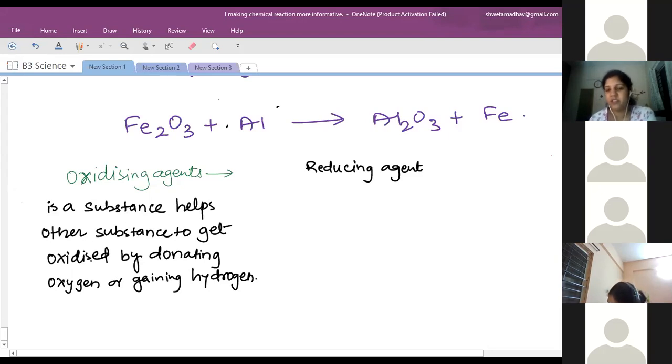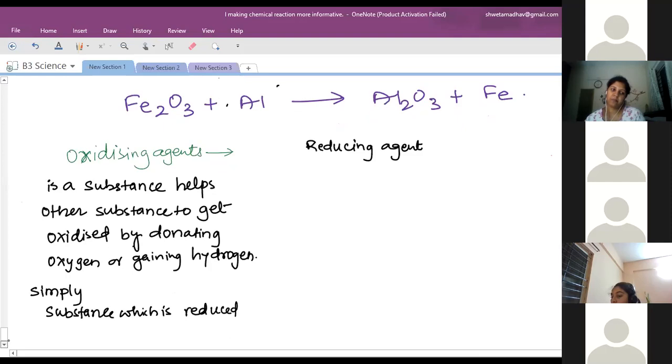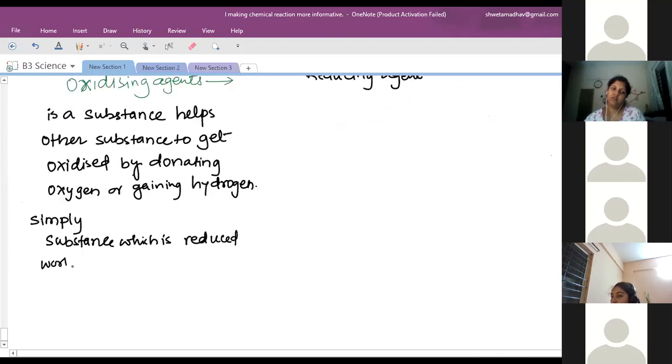So another substance is getting oxidized. In simple words, simply a substance which is reduced works as an oxidizing agent.